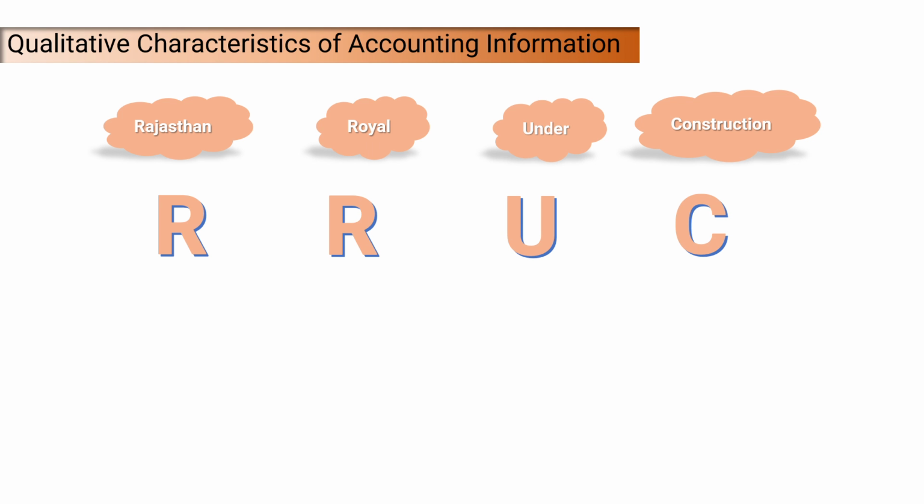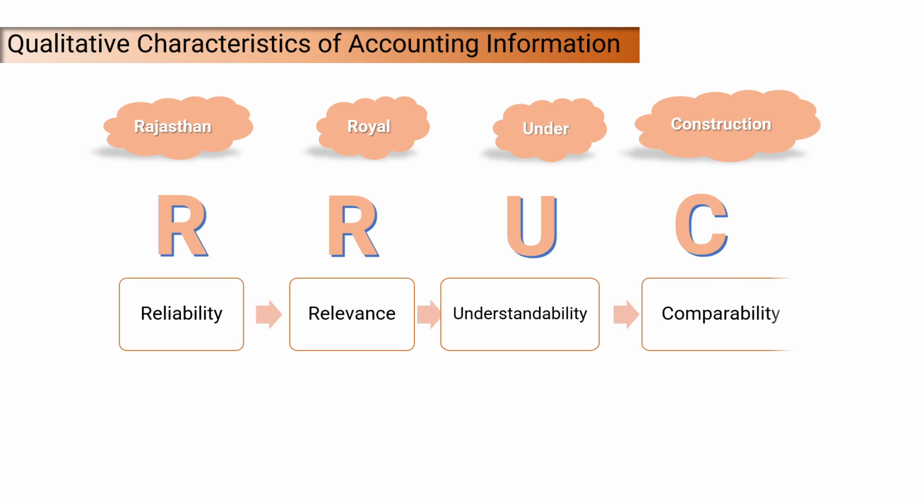What does R mean? R means reliability. Further, R means relevance, U means understandability, and C is comparability. So what qualities should accounting information possess so that you can believe in the information which is provided? The short form is "Rajasthan Royal under construction," wherein R stands for reliability, relevance, understandability, and comparability.